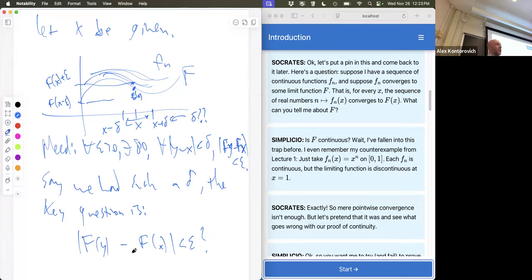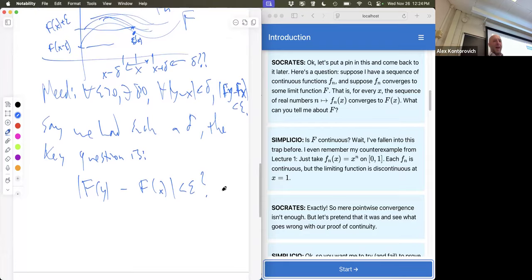Well, what do we have to reach to? This should smell like our proof of completeness of the real numbers. We had Cauchy sequences converging to points, and points being themselves Cauchy, and we needed to take some kind of diagonal type argument.